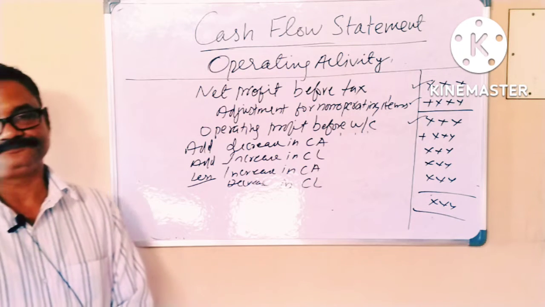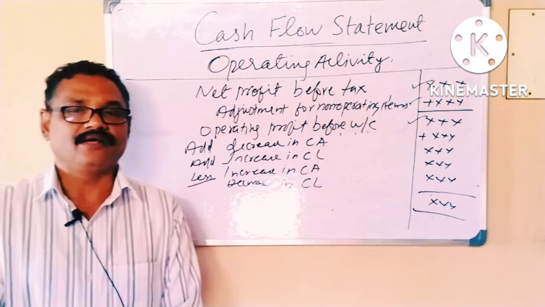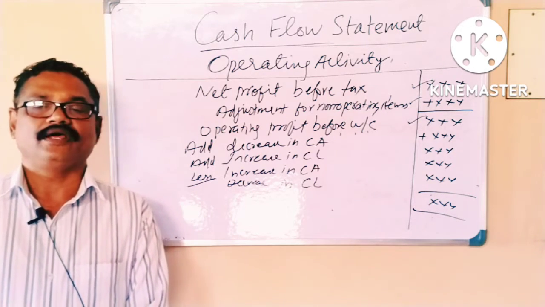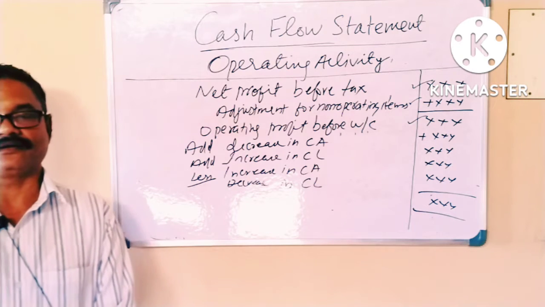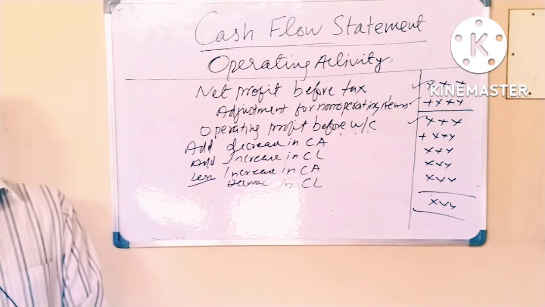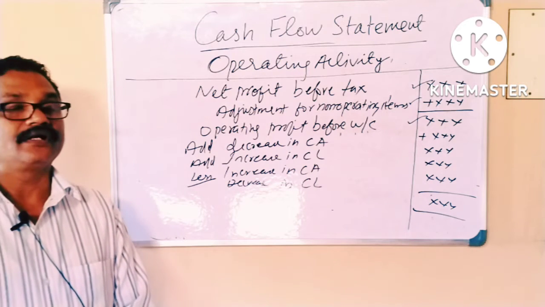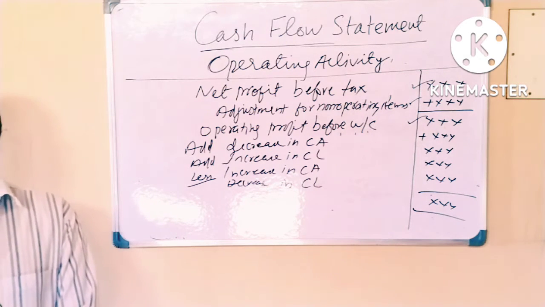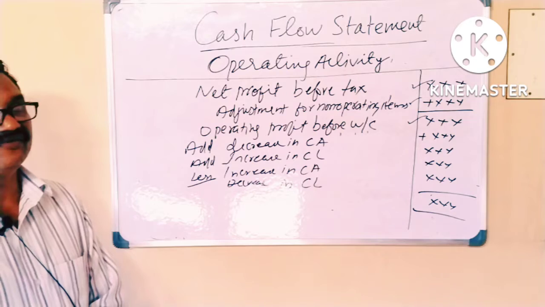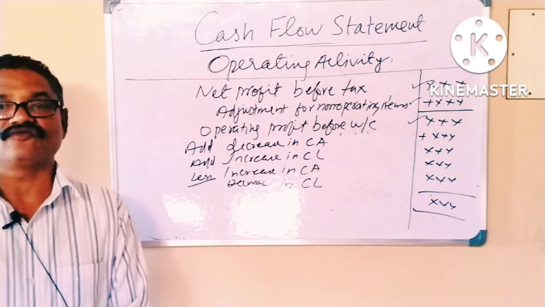For example, cash may increase or decrease. In business, if cash is 10,000, tomorrow it will be 20,000, and the day after tomorrow it will be 1 lakh. Like that, cash, bank, sundry debtors, bills receivable, stock. These are the important current assets in the business. Current assets are assets whose value changes within 1 year.